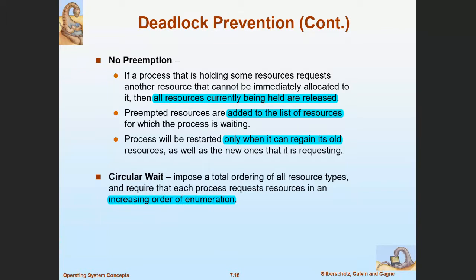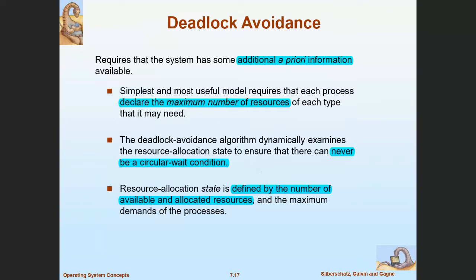The preempted resources are added to the waiting list of resources. The process restarts when it can regain its old resources. Circular wait: there is one interesting method, where the resources are set in a certain increasing order of enumeration. So there is a method.